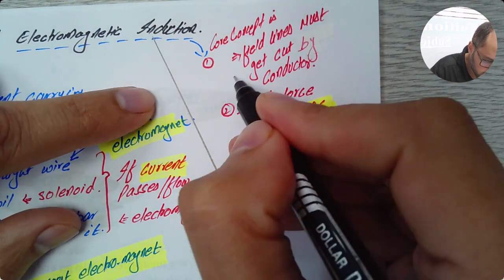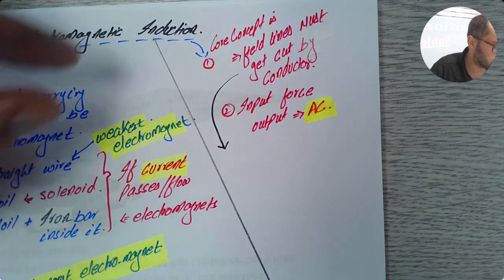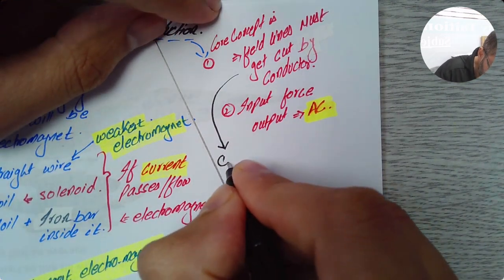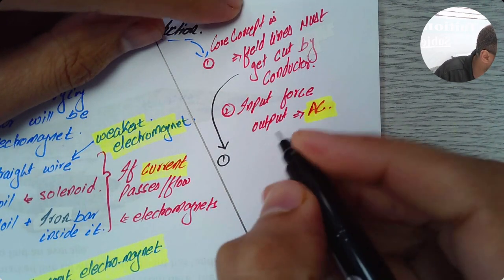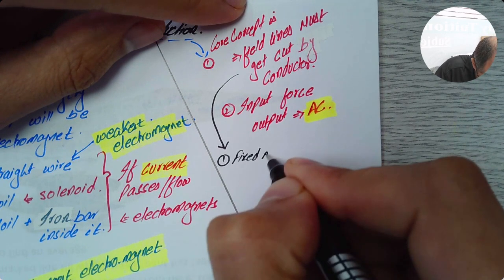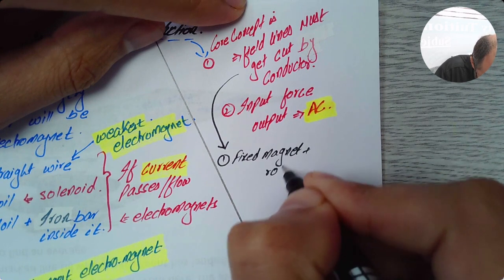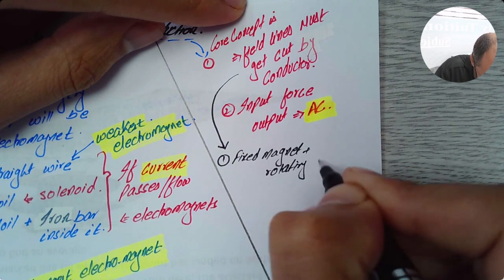We can have different arrangements. We can say number one, I can have a fixed magnet plus rotating conductor.